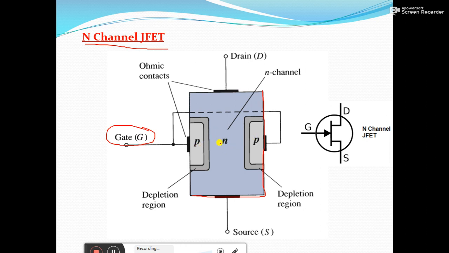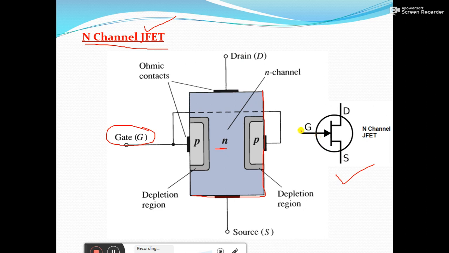The gap between the two heavily doped P type materials is referred to as the channel, and since it is made up of N type material, this is referred to as an N channel JFET. Here you can see the symbol.